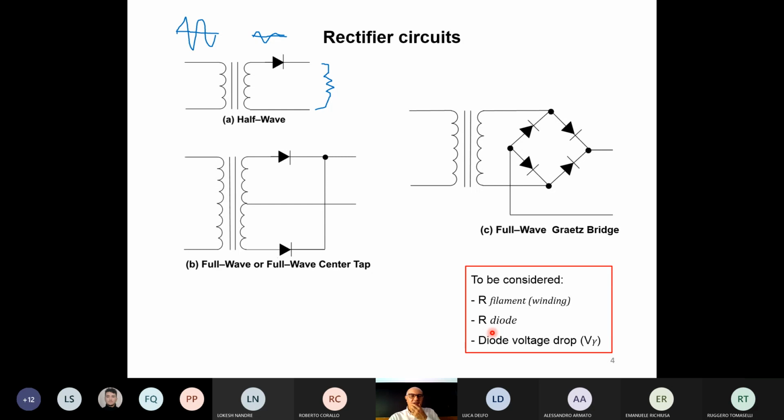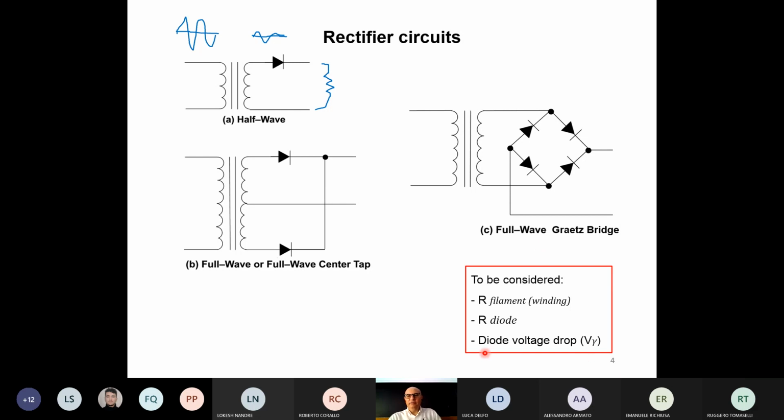We have also the resistance of the diode. The diode, when it conducts, if you remember, has a characteristic with a flat part, and then something which has a slope. The slope has to do with the internal resistance of the diode.